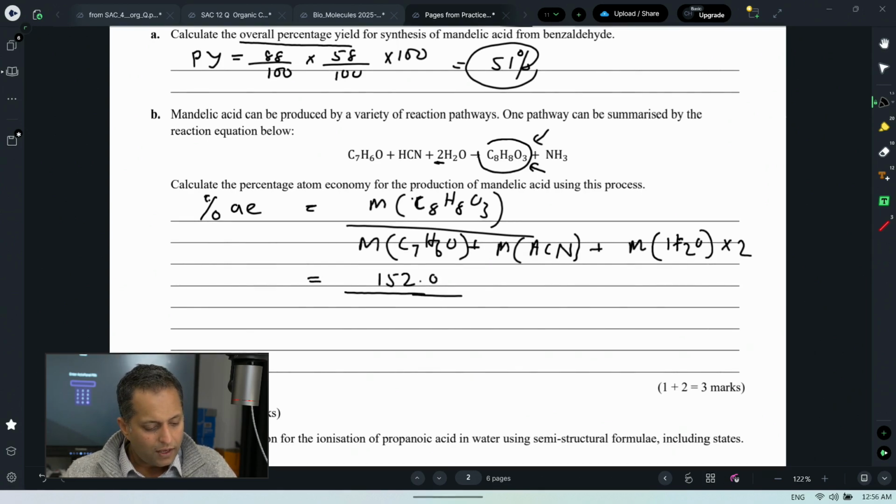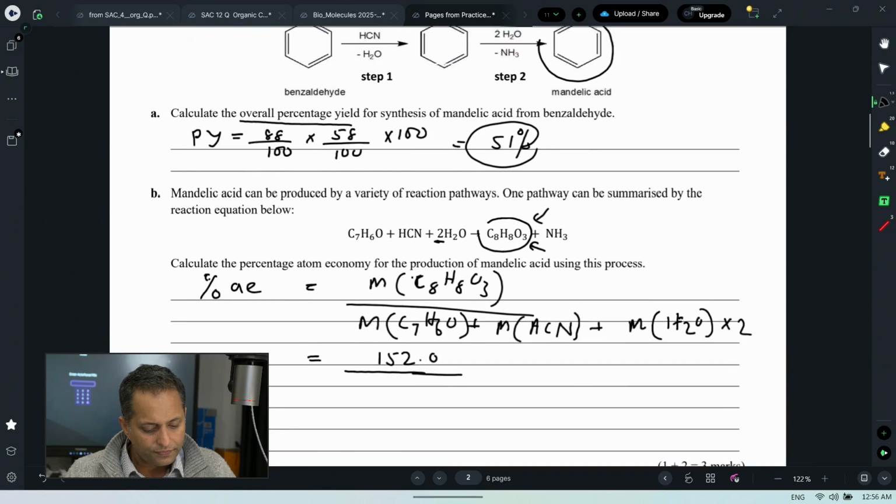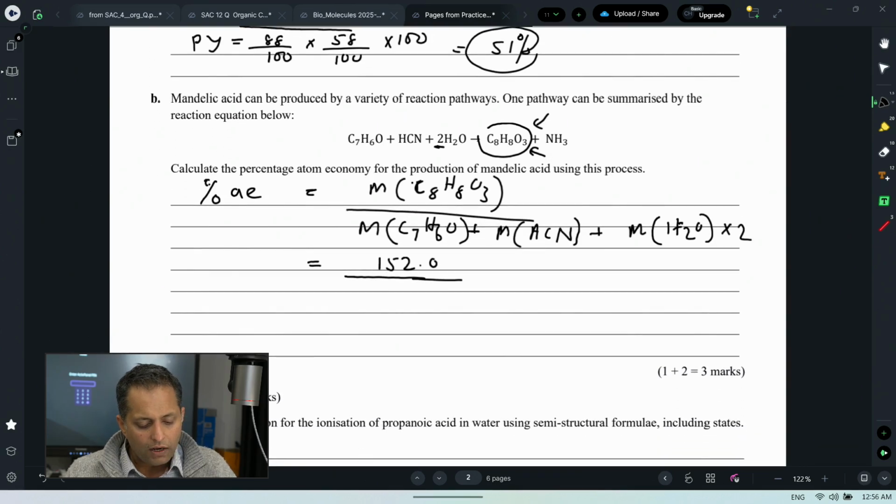So when you substitute those values, the top number is 152.0, and over 106.0 plus 27.0. HCN is 27, and 2 times 18.0 is 36.